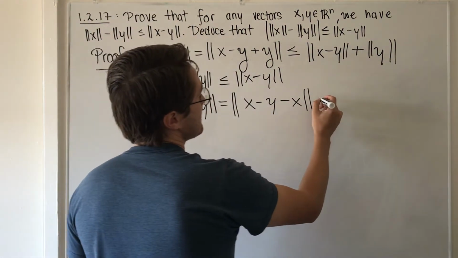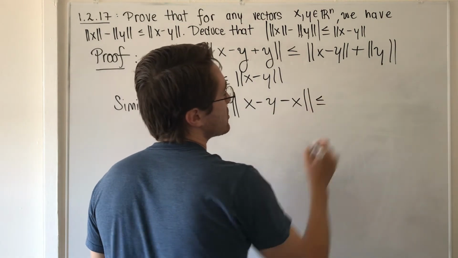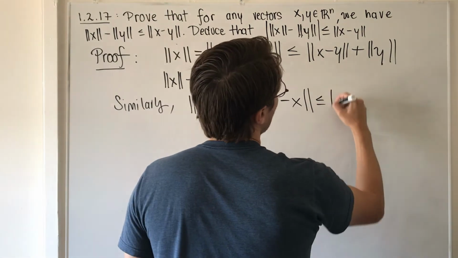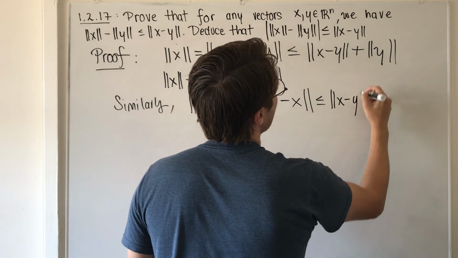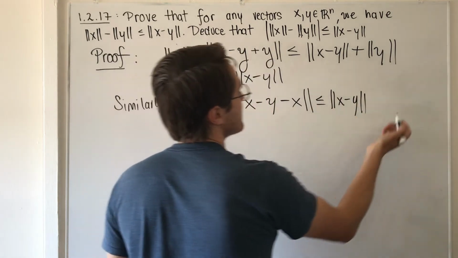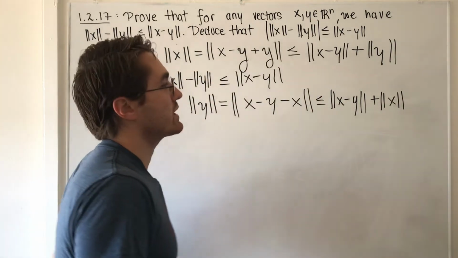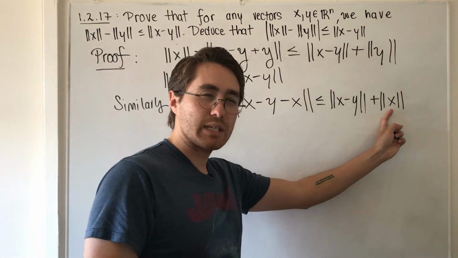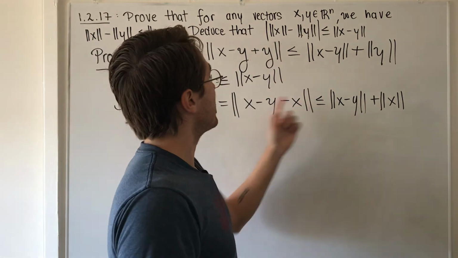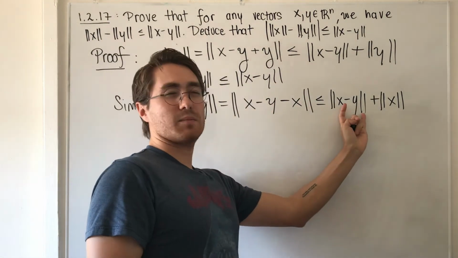So in this case, by the triangle inequality, we could say that this on the left here is less than or equal to this on the right, where I applied that same reasoning that I just said, where we had the x minus y, gives us the x minus y.